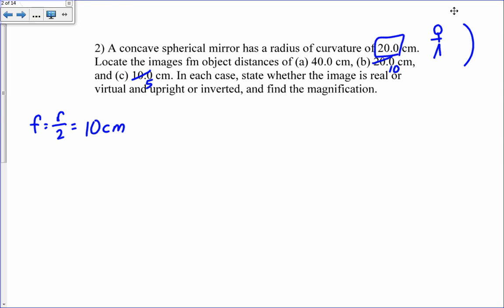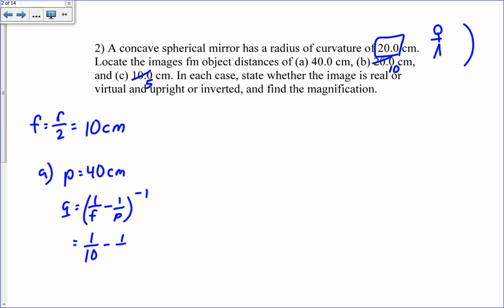And now I want to locate the images, find the magnification, and describe the image just like I did before. For P equal 40 centimeters, my image distance then is 13.3 centimeters.